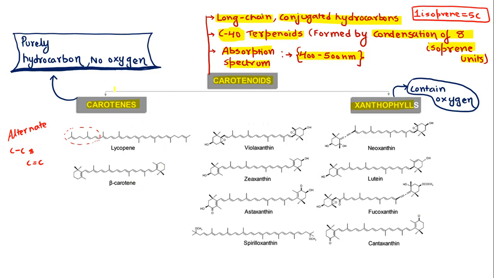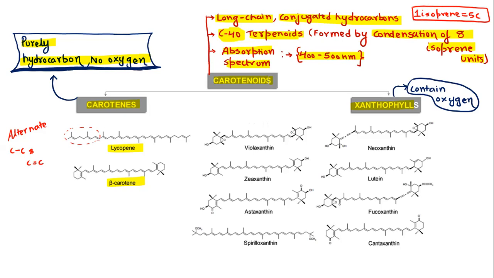As you can see, carotenes are purely hydrocarbon, with absolutely no oxygen, whether it's lycopene or beta carotene. You will have to remember these names. So lycopene and beta carotene are carotenes, and they're simply hydrocarbons without any oxygen. They belong to the carotene subcategory of the carotenoid molecule.